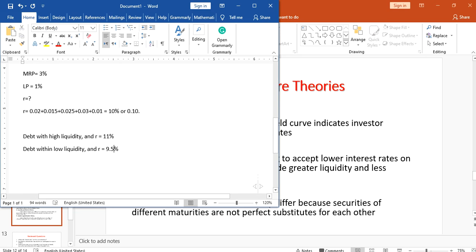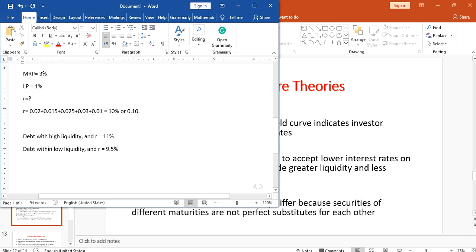Obviously this costs less, but this costs higher, 11%. One would go for 9.5% if you are insane.